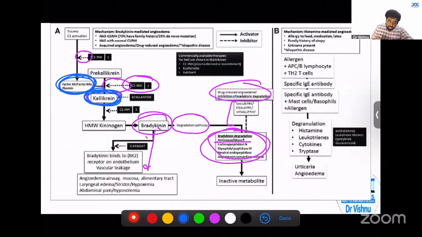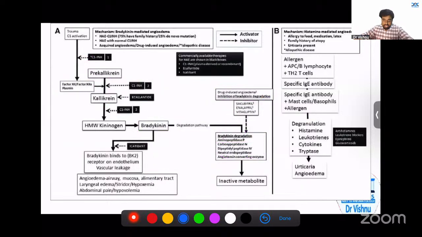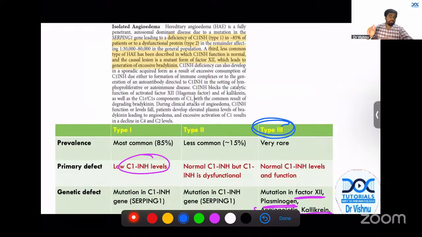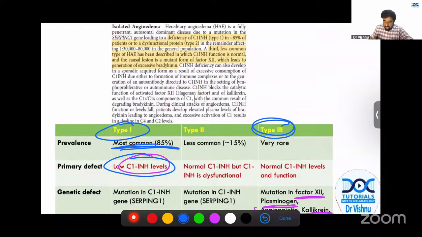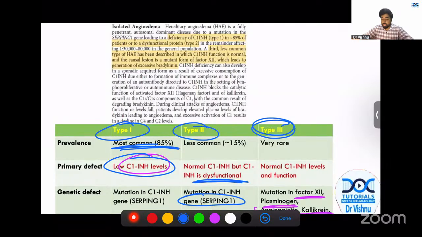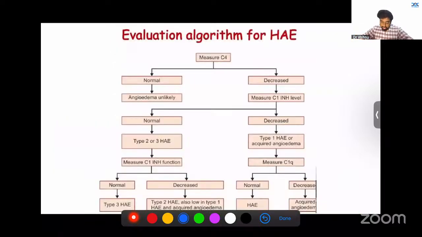When abnormalities occur in these factors, that is type 3 hereditary angioedema. So type 1, quantitative, low levels, is the most common. Type 2 is qualitative, a dysfunctional protein is there, a SERPING1 mutation occurs that leads to the dysfunctional protein. And type 3 is where separate proteins are defective, not the C1 esterase inhibitor.